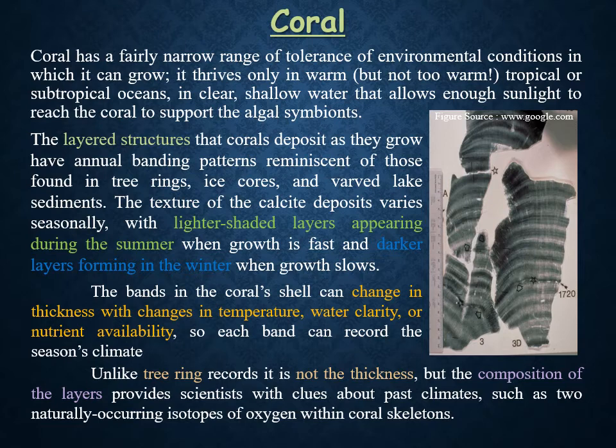Now, these corals live in a symbiotic relationship with the algae, and as we know, algae is an organism which can do photosynthesis. So for photosynthesis, this algae requires light, so they have to live within the photic zone of the water column.